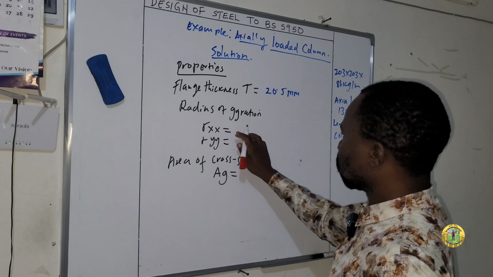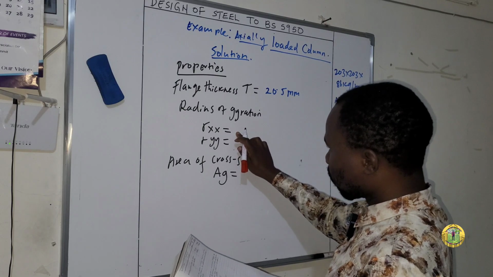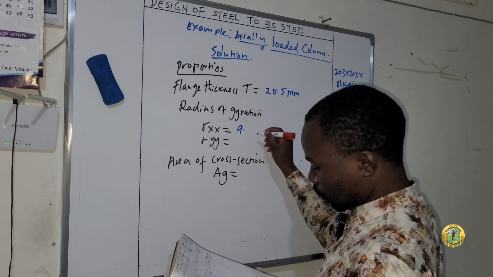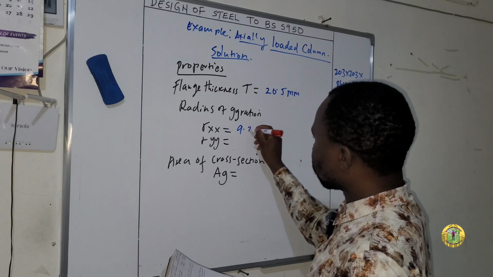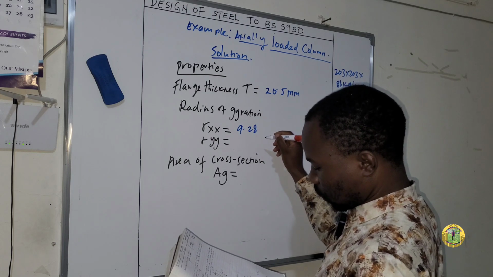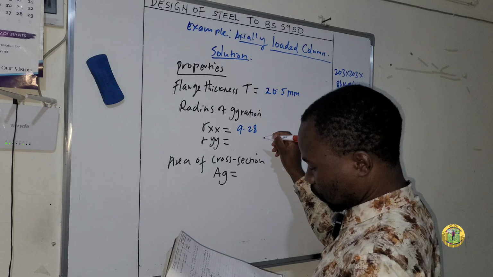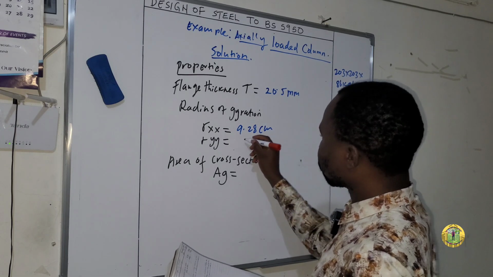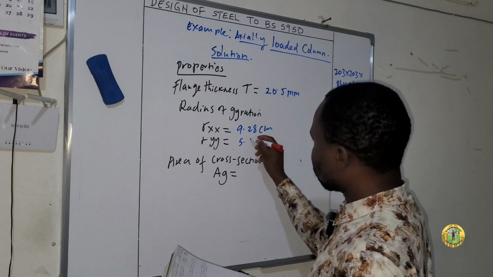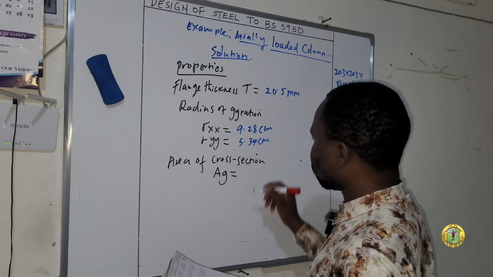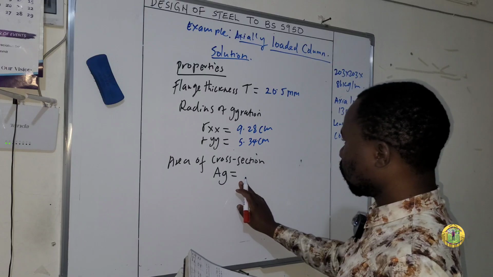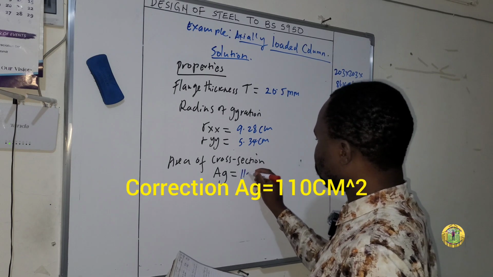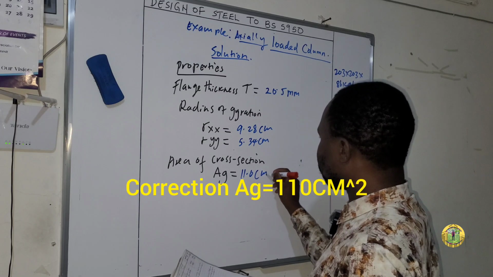Radius of gyration, for RXX is 9.28 centimeter, and then for RYY is 5.34 centimeter, and then for the area of cross section is 11.0 centimeter square.